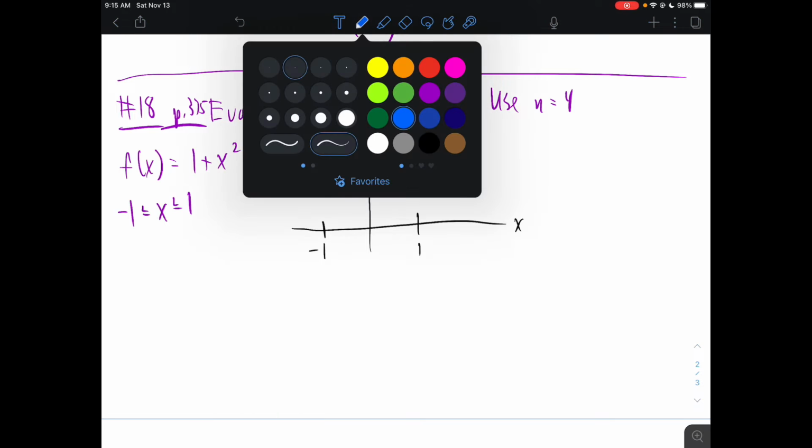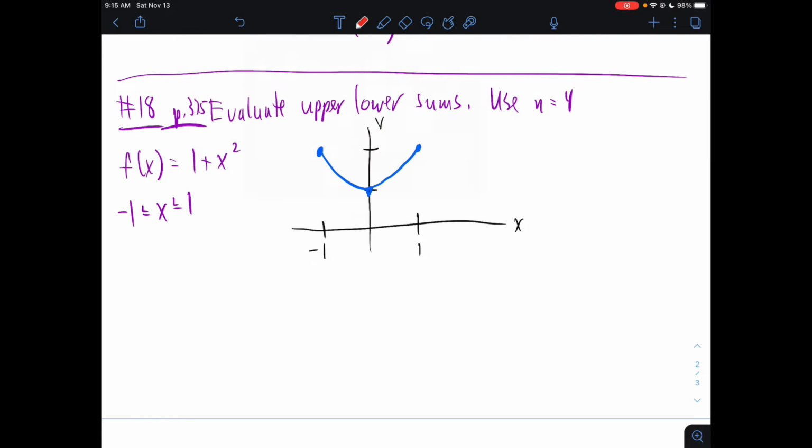So now let's figure out what's the width of the intervals we're going to use. In this case, b is 1, a is -1, and n is 4. You should always expect that the width is positive, so just be careful with your work. 1 minus -1 is the same thing as 1 plus 1. And so we get 2 over 4, or 1/2. And then what are my endpoints?